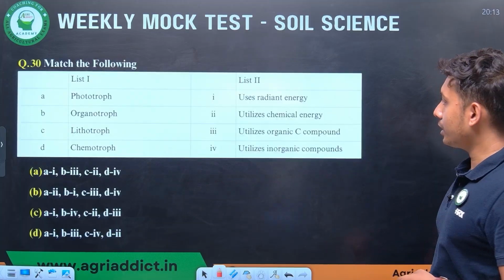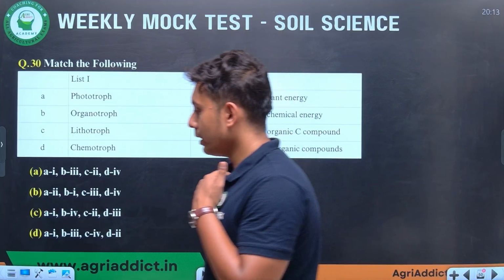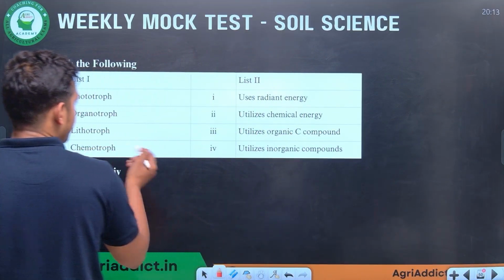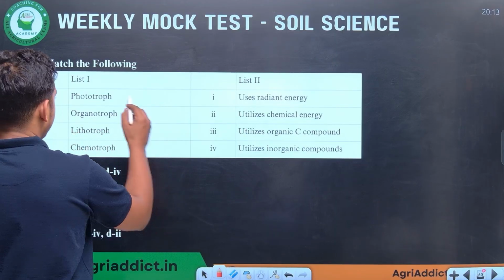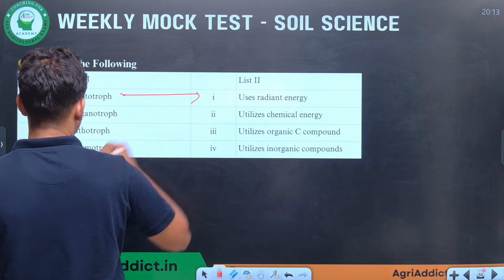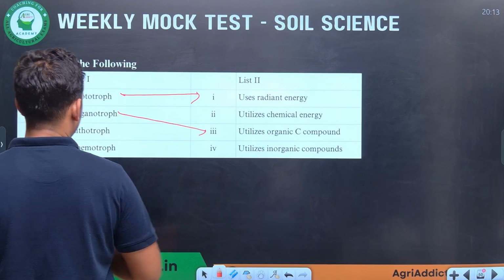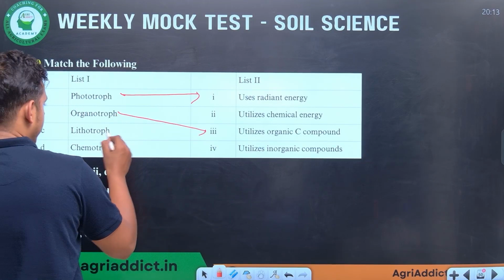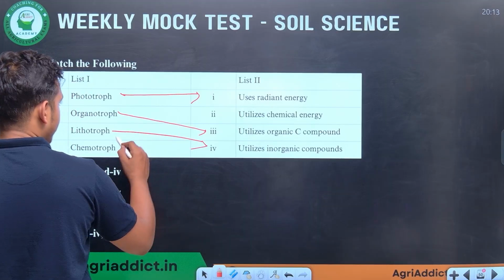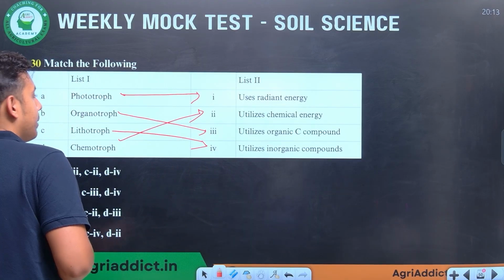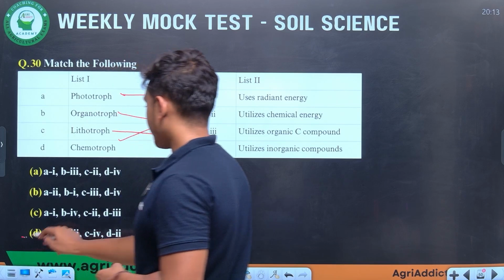So in that question, phototroph utilizes radiant energy. Organotroph utilizes organic compounds. Lithotroph utilizes inorganic compounds, and chemotroph utilizes chemical energy. So the answer will be option D.